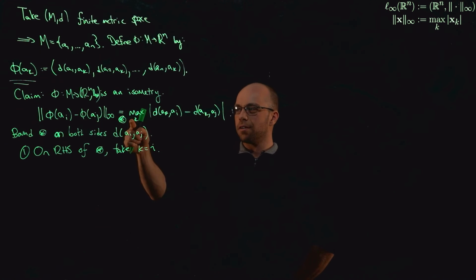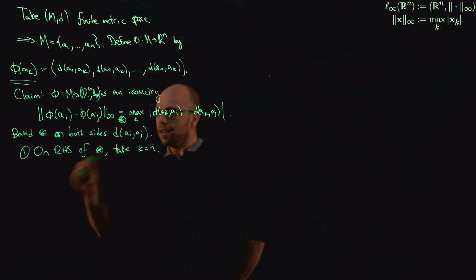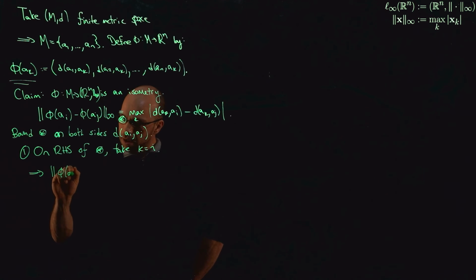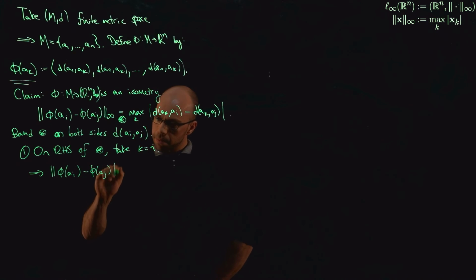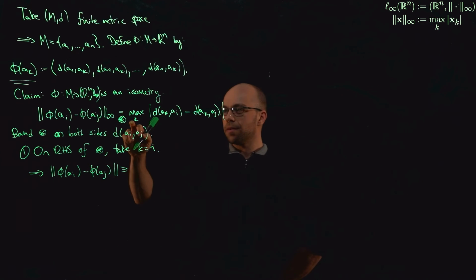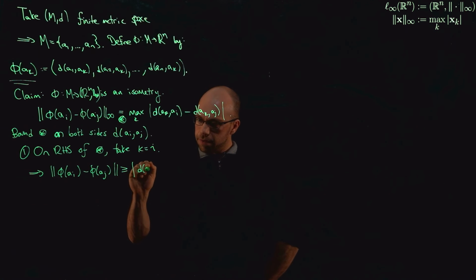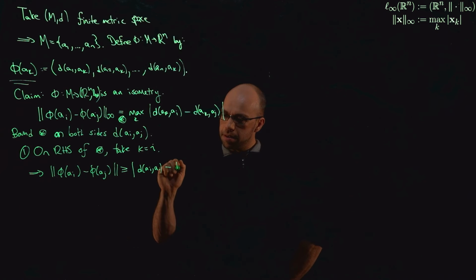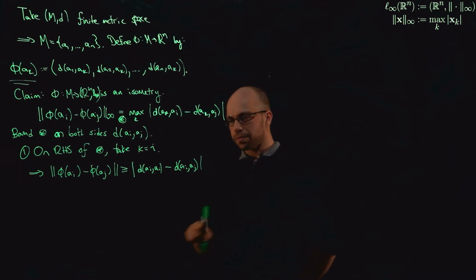This is the max over all k, so the max is greater than or equal to this expression for any fixed I. That implies that the L infinity norm of phi of AI minus phi of AJ is greater than or equal to this expression with k equal to I. So what do we get? We have d of AI AI minus d of AI AJ.